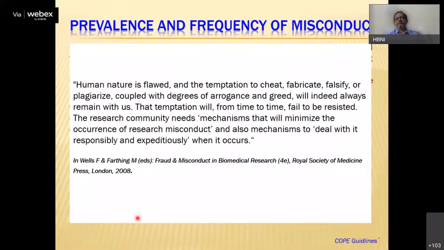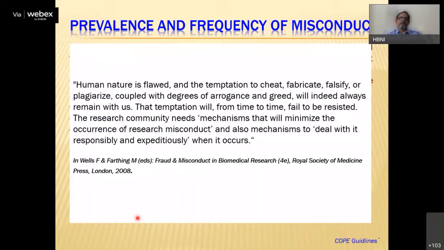So the problem is that human nature is flawed, and the temptation to cheat, fabricate, falsify, or plagiarize, coupled with degrees of arrogance and greed, will indeed always remain with us. That temptation will, from time to time, fail to be resisted.